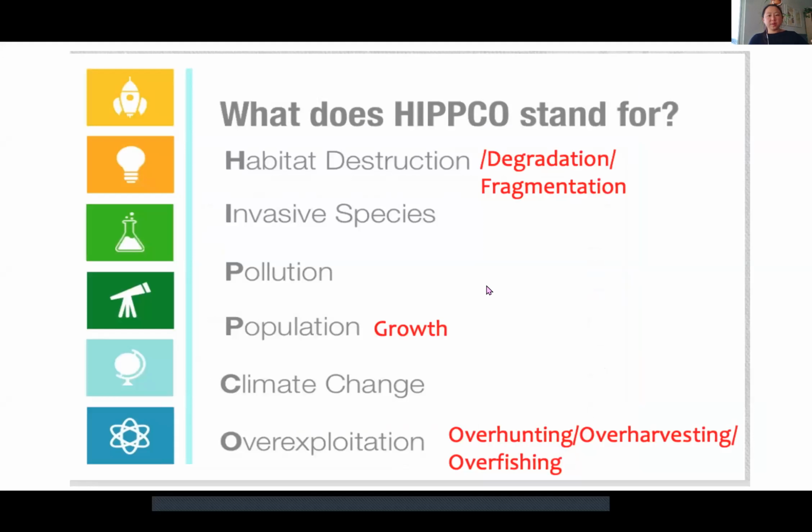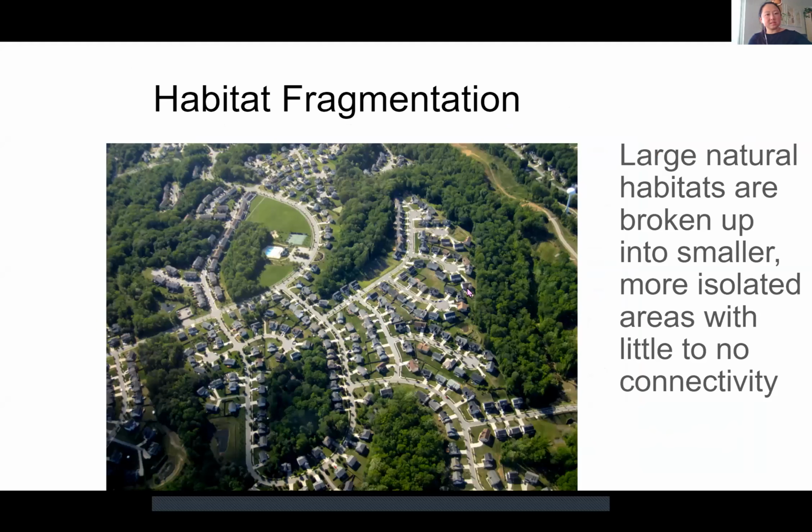Now, remember HIPCO, because this feeds into the discussion. What causes a loss of biodiversity in places are factors like habitat fragmentation. Say you have a forest area, and habitat fragmentation is when large natural habitats are broken up into smaller, more isolated areas with little to no connectivity.